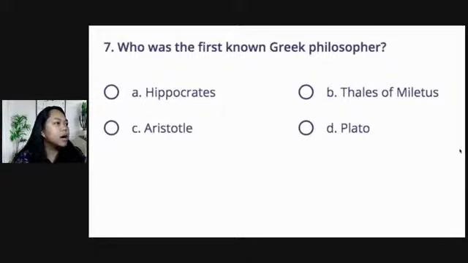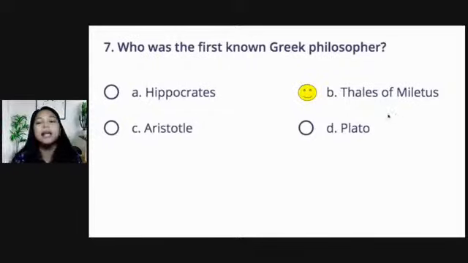Okay, B. I see a lot of letter B's. Okay, letter B. Letter B po ang karamihang choice, and letter B is the correct choice here.